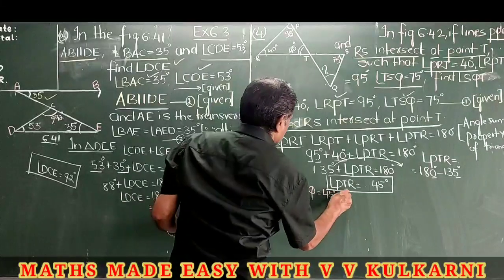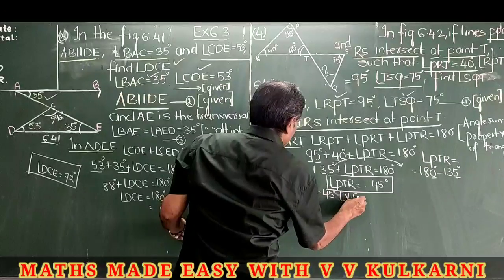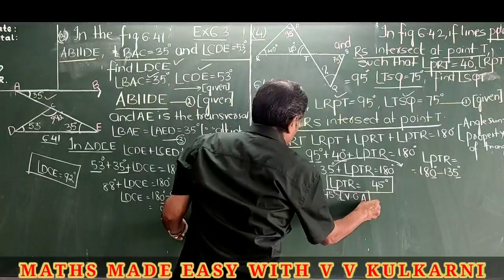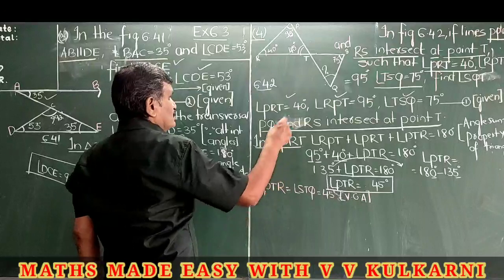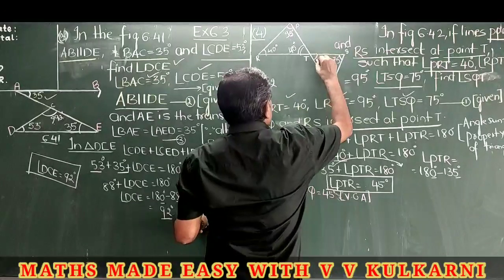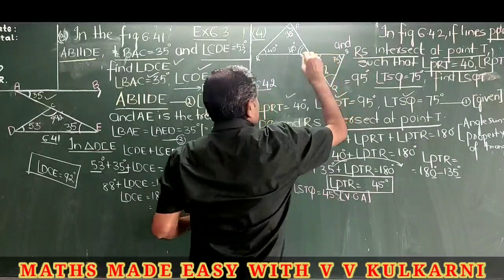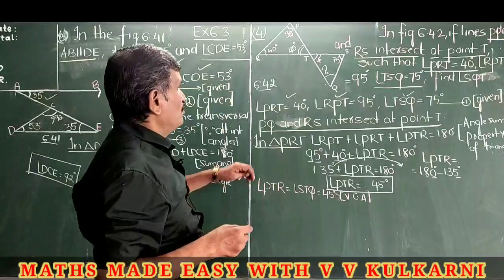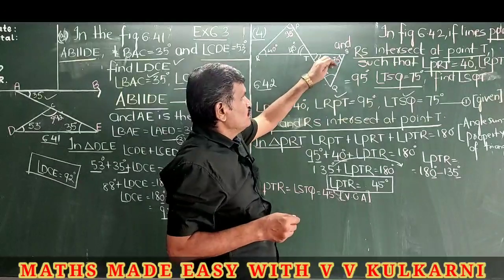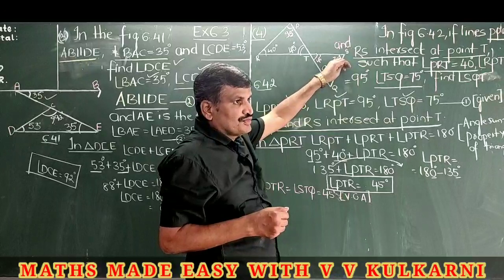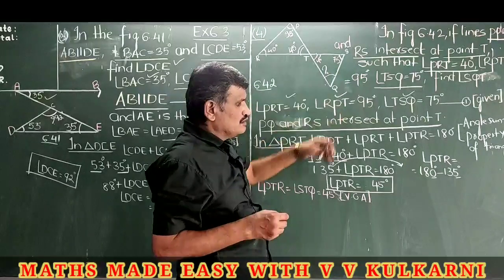That is because VOA stands for vertically opposite angle. So children, this angle is equal to 45 degrees. Now I got two angles of this triangle. I need to find out the third angle.